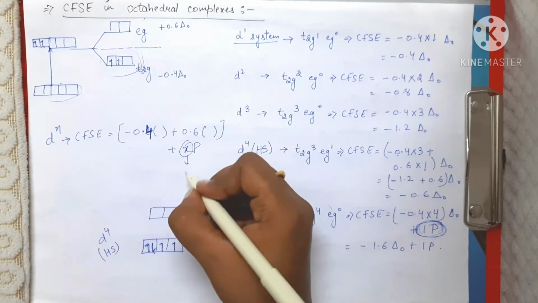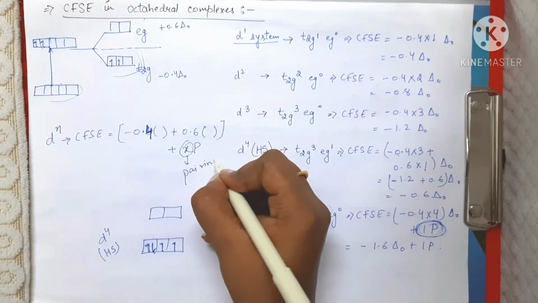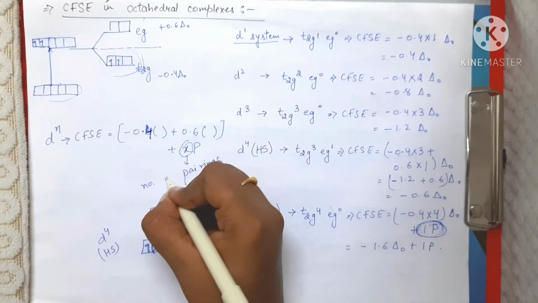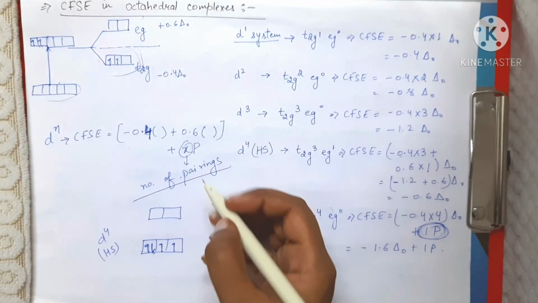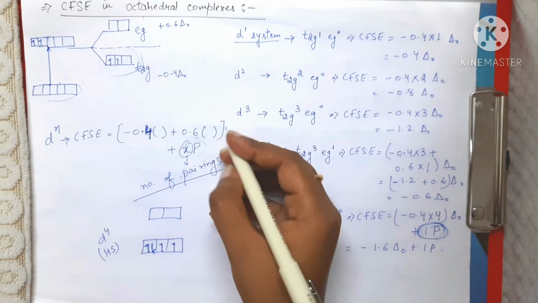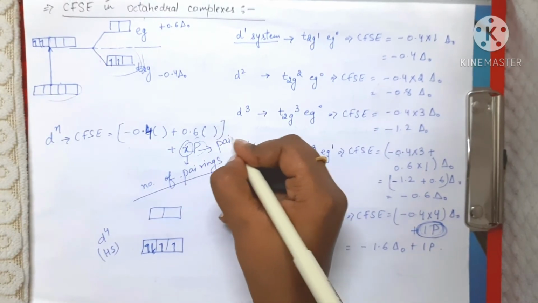This is for pairing, okay? x is the number of pairings, and P is the pairing energy.